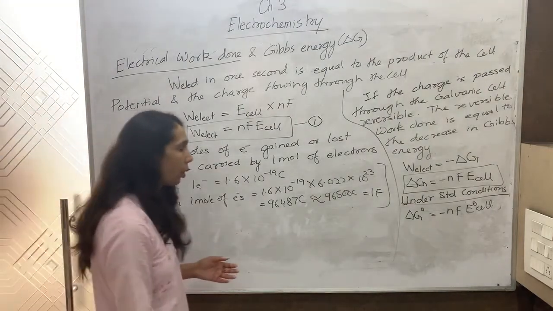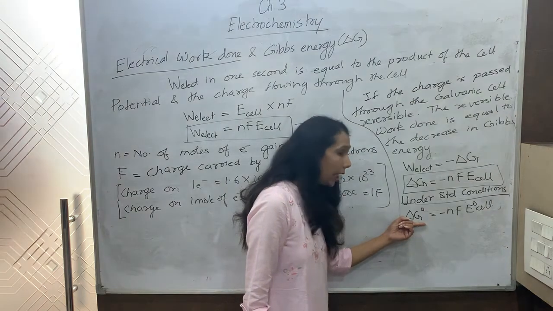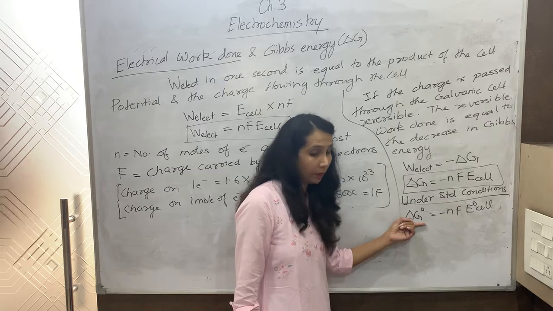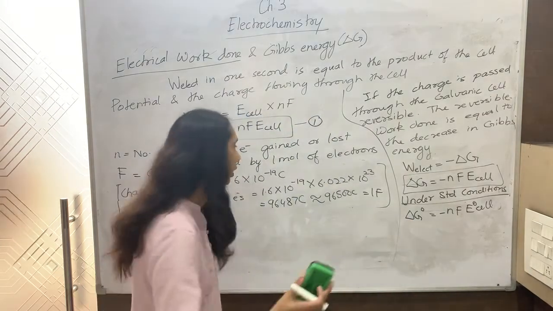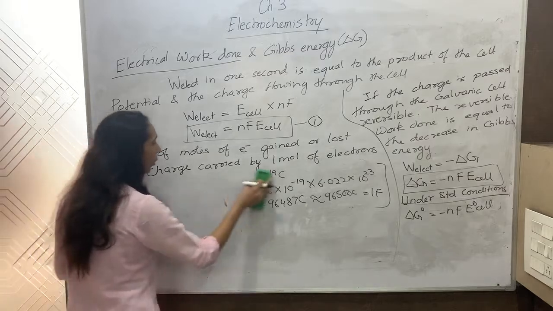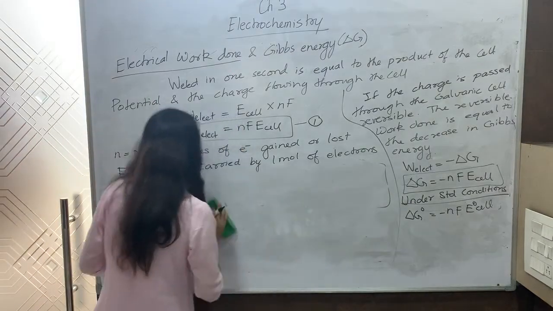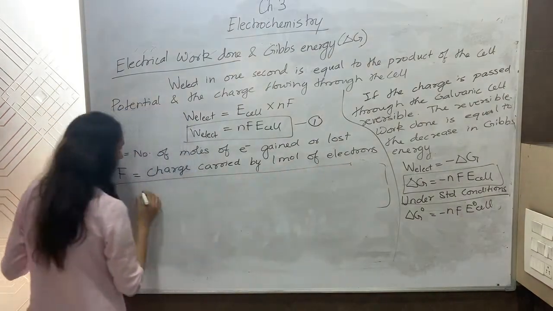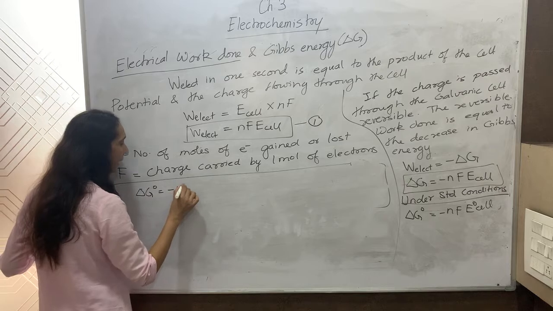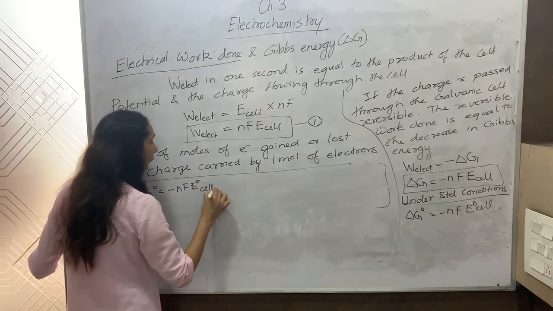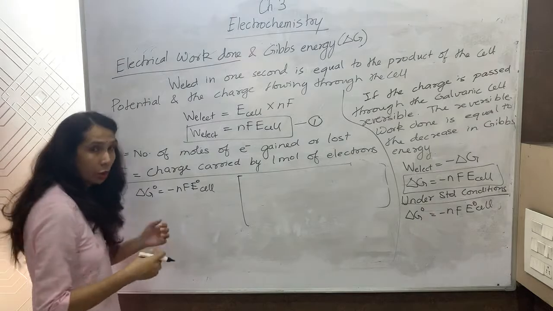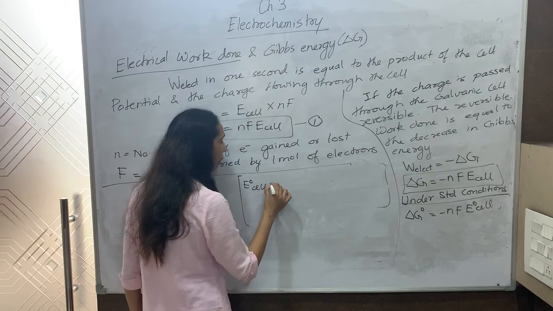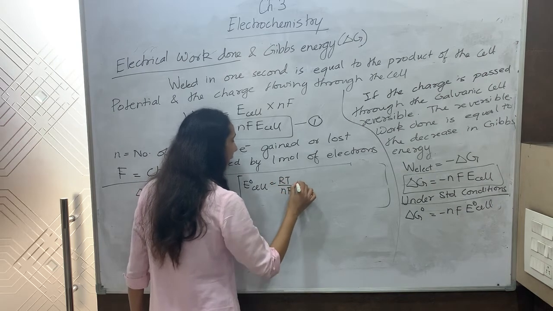Now, I want to find out the relationship between delta G naught and the equilibrium constant Kc. We have written delta G naught is equal to minus NF E naught cell. You know how E naught cell is related to Kc, we had just done the derivation before this. E naught cell is equal to RT upon NF ln Kc.